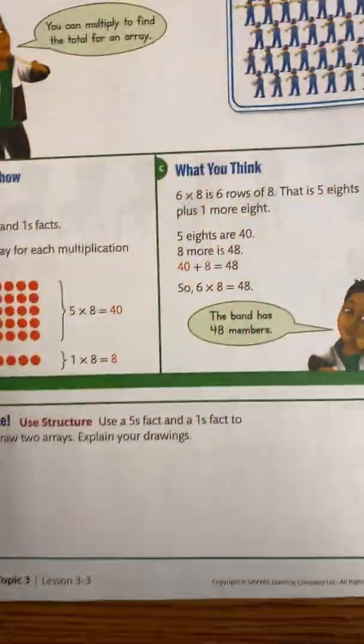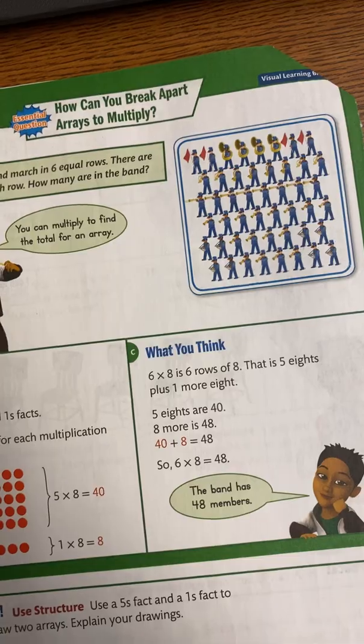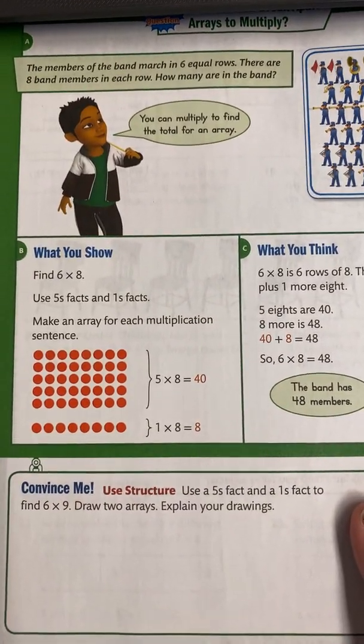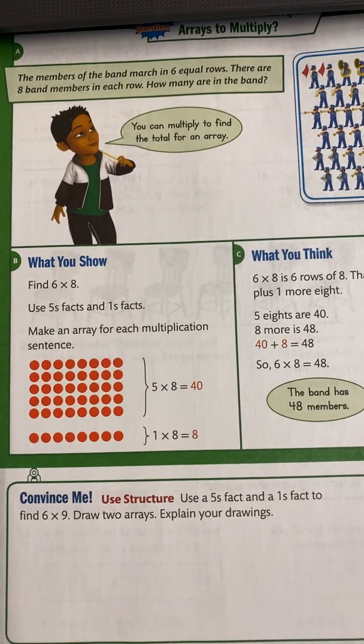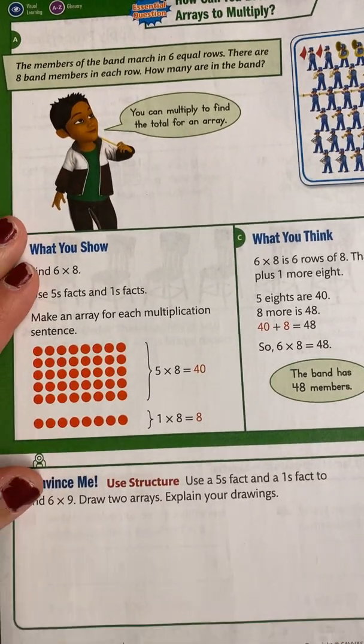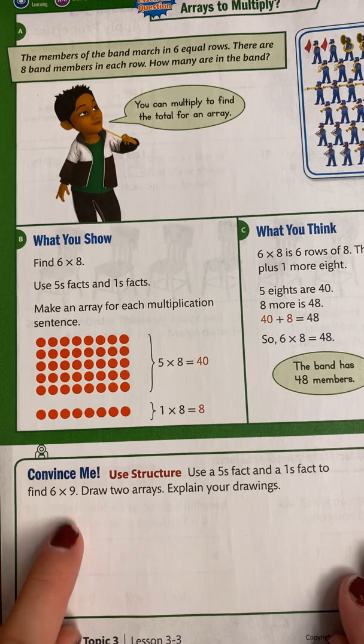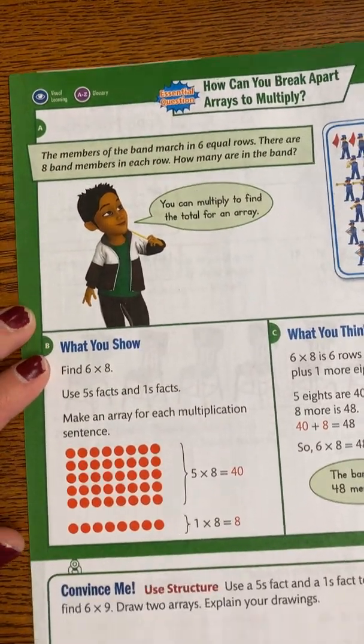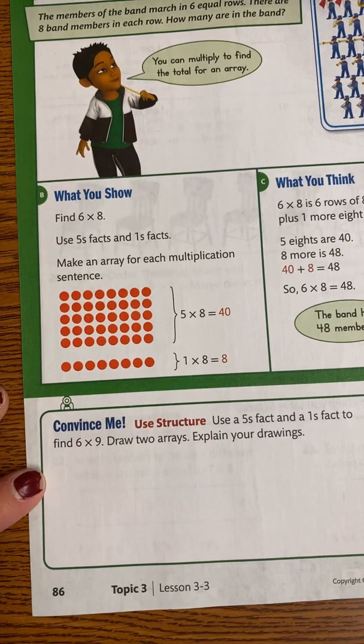All right, good job. So we're going to do the same thing down here with our convince me. Use structure. Use a 5's fact and a 1's fact to find 6 times 9. So our last problem, we were working on 6 times 8. We can do the same thing for 6 times 9.